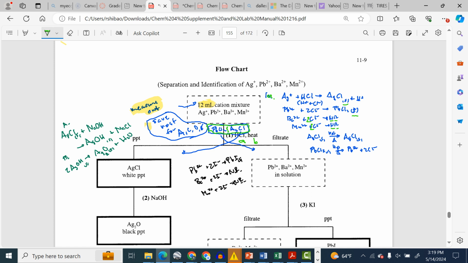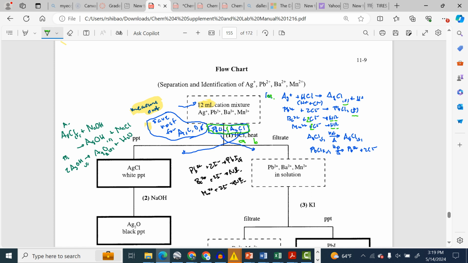Okay, I washed with hot water. The second and third wash, we can discard into the waste. So have a waste beaker, discard it over there. But the supernatant solution, that is this filtrate solution, is going to be sitting. And as it sits, what's going to happen? The lead is going to start precipitating out again.